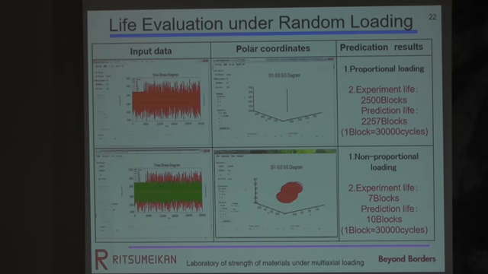And this is life evaluation under random loading. This is the input data. This is the loading path in polar coordinates. So it's very easy to understand that this one is proportional loading, and this one is non-proportional loading. The failure life evaluated using this program is 2,257 blocks.